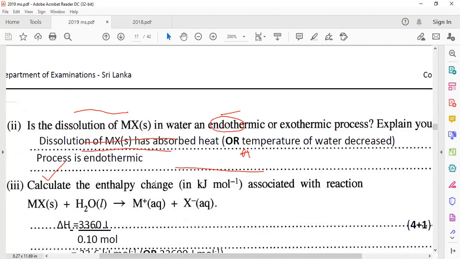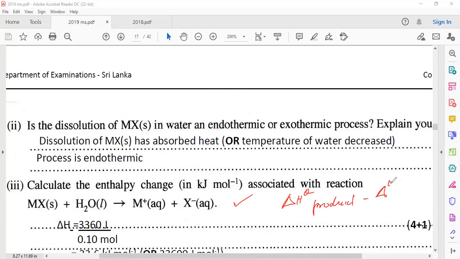And you have to calculate the enthalpy in kJ mol⁻¹. They clearly mentioned that, right? So when they said that, you were able to know the equation for the enthalpy. You could not use ΔH product minus reactant, though you know the reaction, because the value is not given.